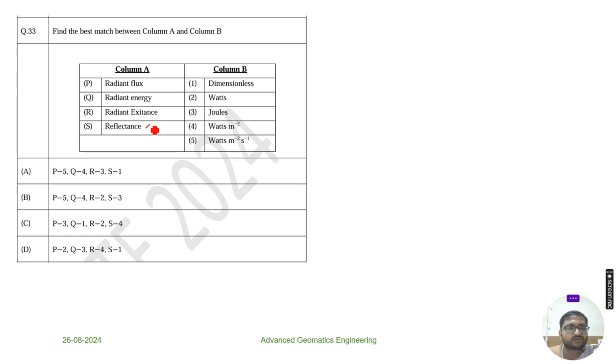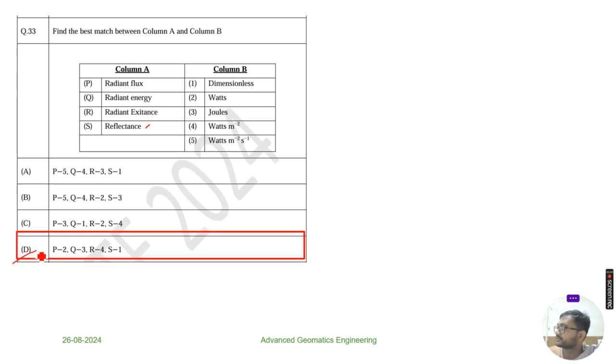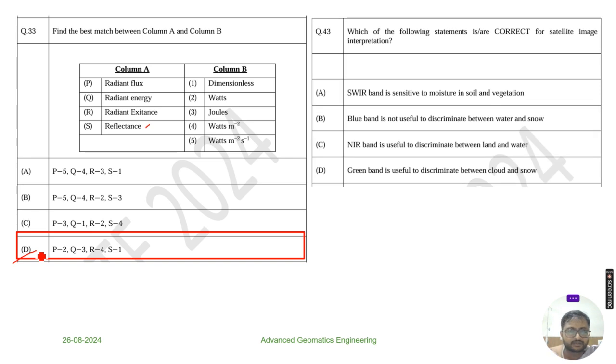So S is 1, and you are saying that radiant energy will be joules. So Q will be 3. So this option D will become right. Just wait for 5 minutes to solve this question.